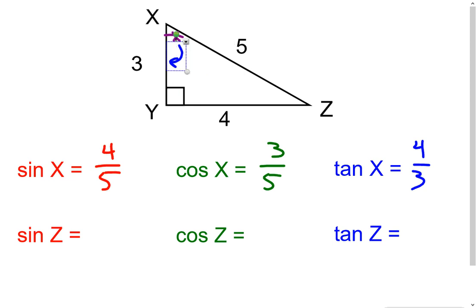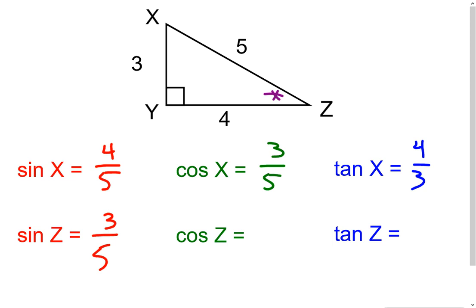Now let's do the same thing, but let's go from angle Z. We'll find the sine, cosine, and tangent of angle Z. So the sine of angle Z, remember sine is opposite, so which side's opposite angle Z? It's the 3, over the hypotenuse, which is still 5. Then we'll go to the cosine.